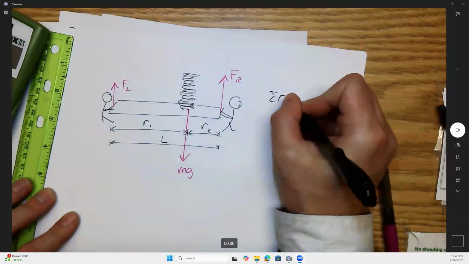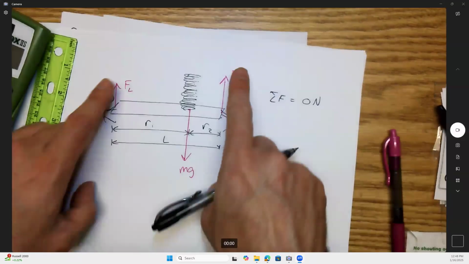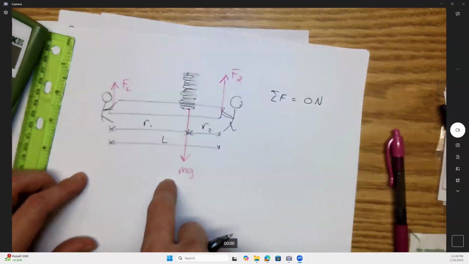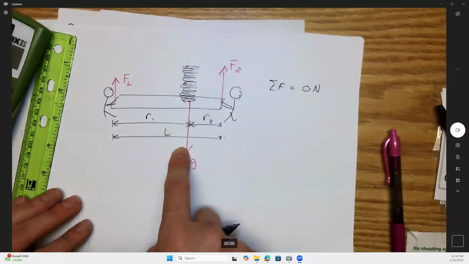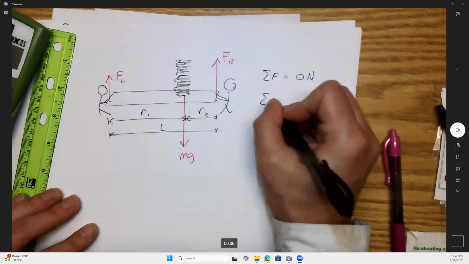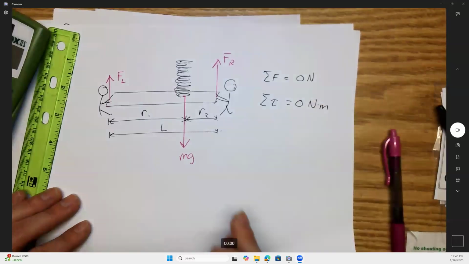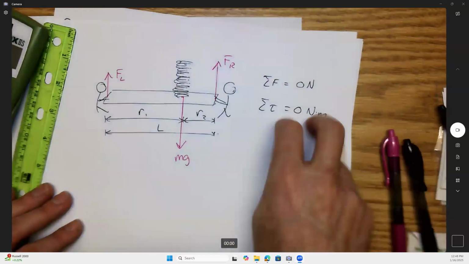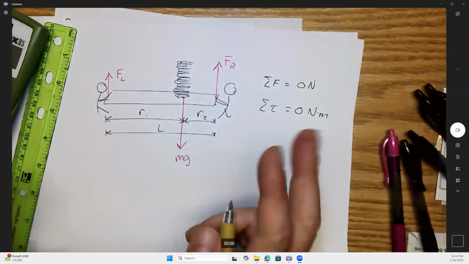I know the sum of force goes to zero, so these two upward forces balance with this downward force. And you only know one of those forces so far, the weight of the stack of topsoil. And the other condition is the sum of torque goes to zero, in Newton meters. Now this one we're going to set up an equation with, so I need to pick a pivot point.